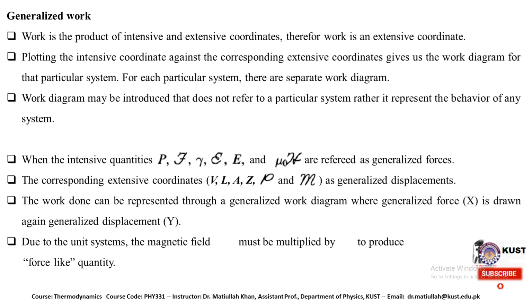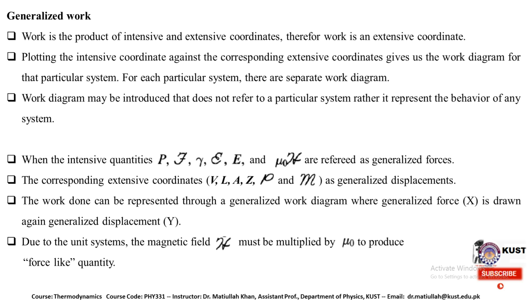Mu naught is multiplied by H to represent it with the dimension of force. Similarly, we have displacements, expressed as V, L, A, Z, rho and M, that are the generalized displacements in those particular cases. So the work done can be represented through a generalized work diagram, where the generalized force X is drawn against a generalized displacement, that is Y.